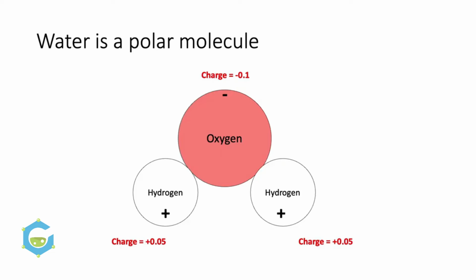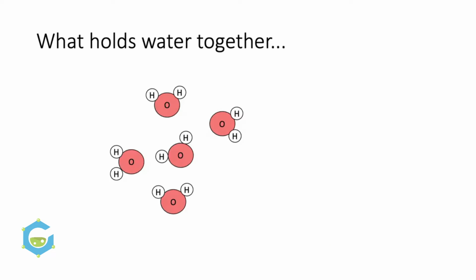This is a picture of one single water molecule, but water molecules rarely occur singly. They usually occur with a whole bunch of other water molecules. You have these electrostatic attractions called hydrogen bonds that hold water together, where the positively charged hydrogens of water are attracted to the negatively charged oxygens of water.